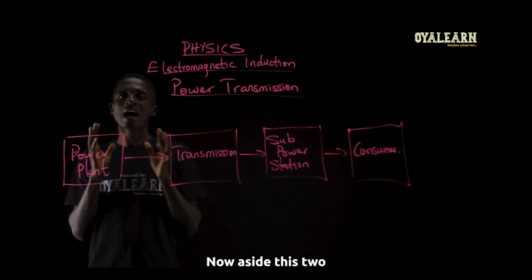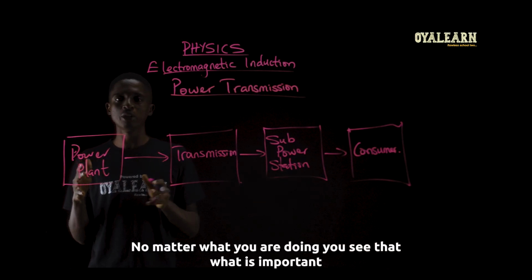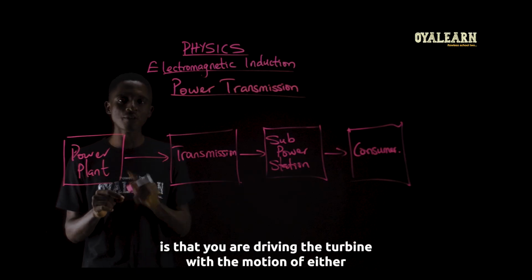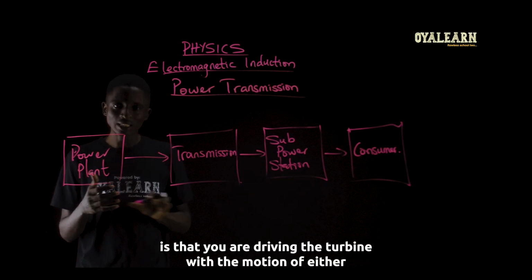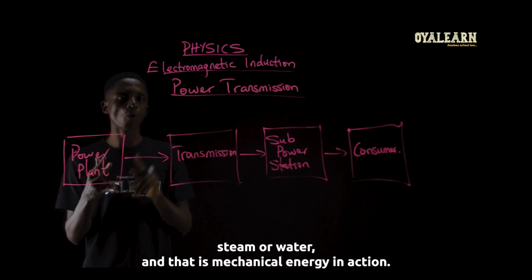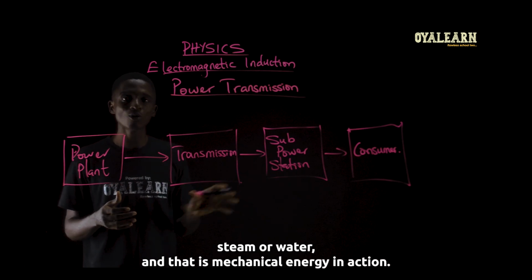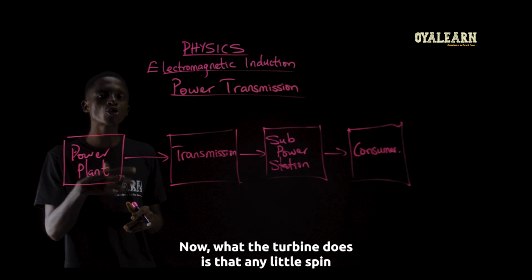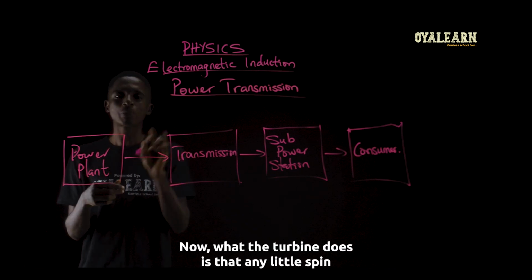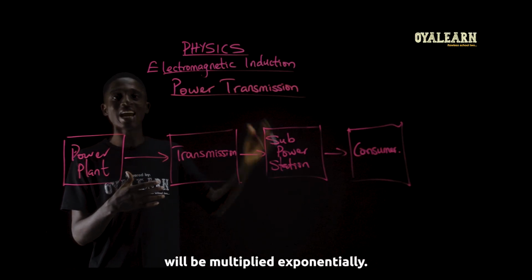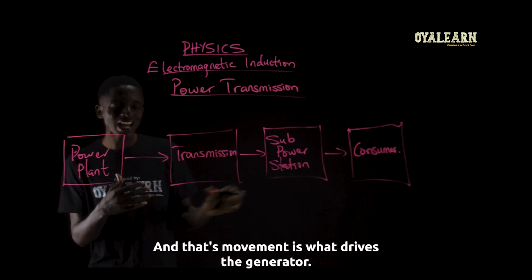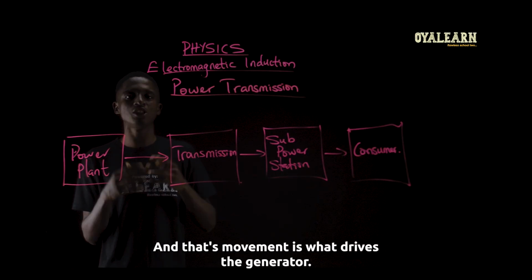Okay? Now, aside from these two, no matter what you're doing, you see that what is important there is that you're driving a turbine with the motion of either steam or water, and that is mechanical energy in action. Now, what the turbine does is that any little spin will be multiplied exponentially, and that movement is what drives the generator.